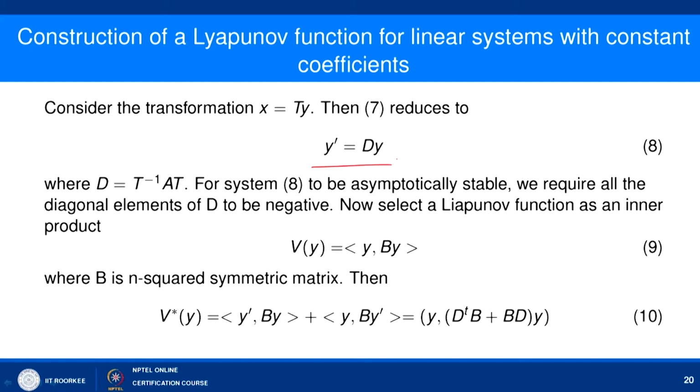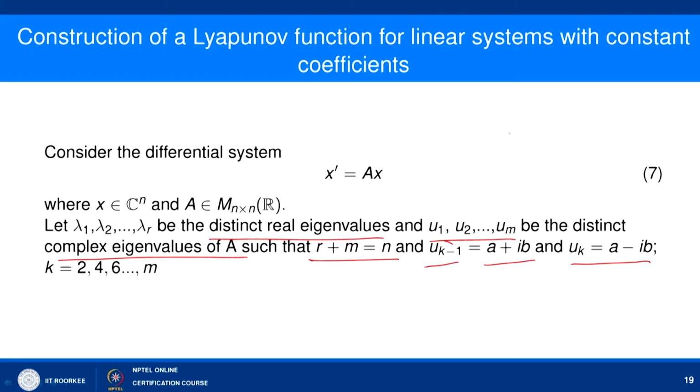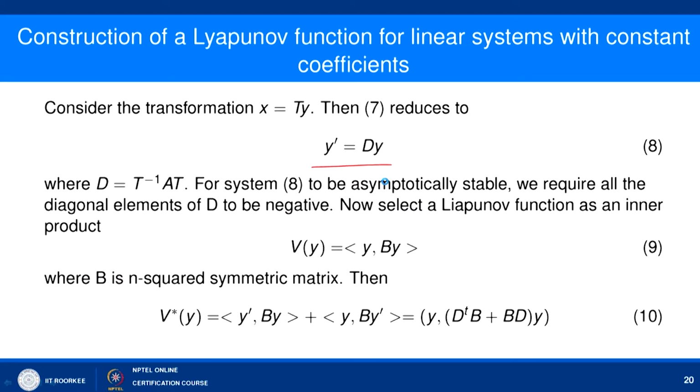So, x equal to Ty means that x dash equal to Ax is now reduced to y dash equal to Dy. Here, x dash equals T y dash, so we can write y dash as T inverse x dash.